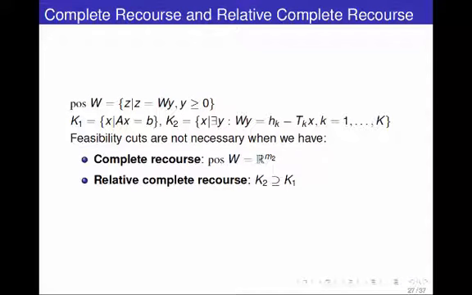Okay, so back to this drawing over here, and then the book discusses situations where you can avoid generating feasibility cuts. One situation where you can avoid feasibility cuts is complete recourse. The definition of complete recourse is that the positive span of W is Rm2. I don't know the official name of this set.